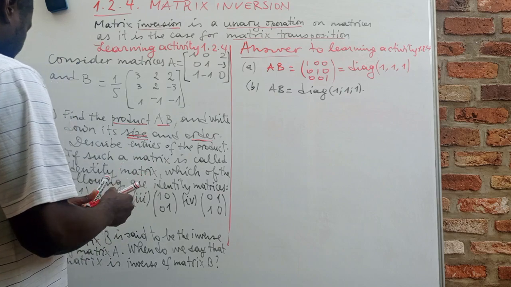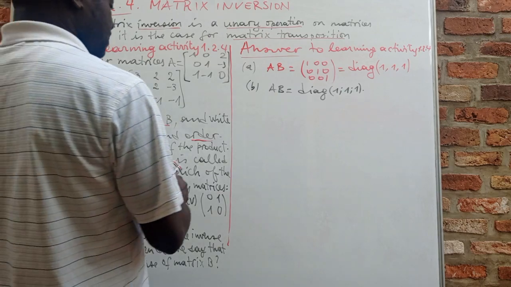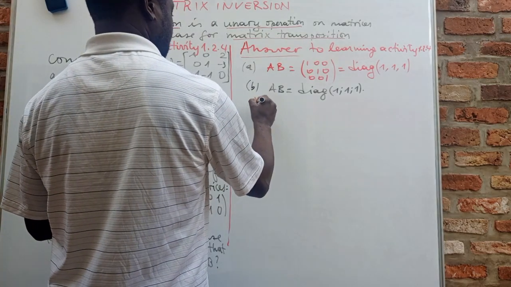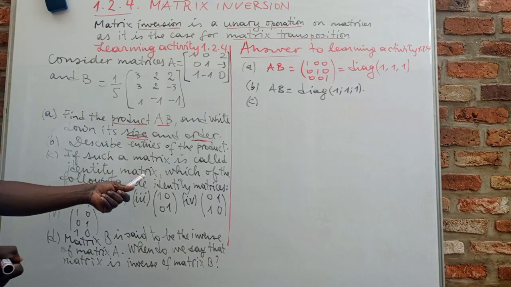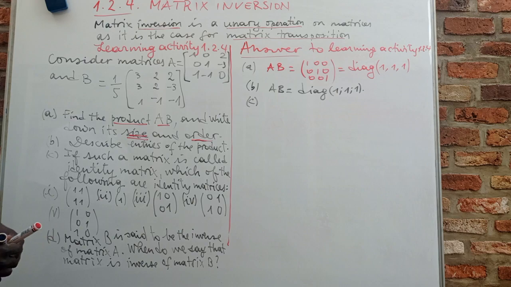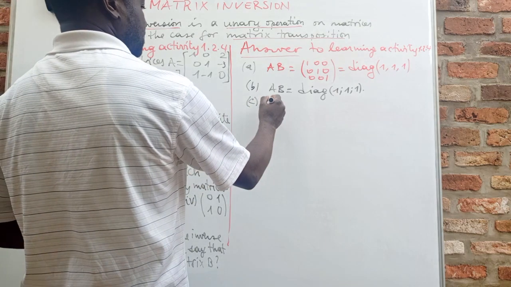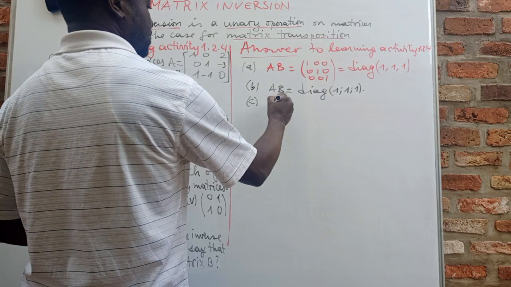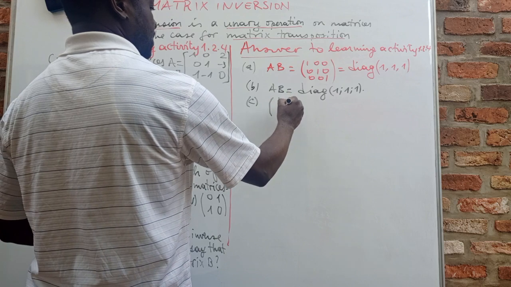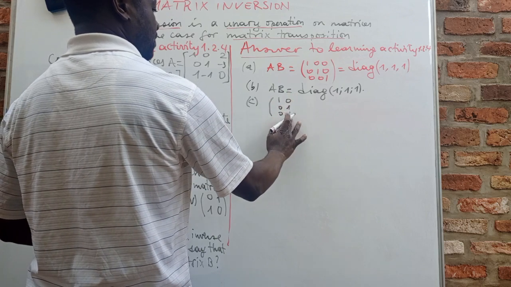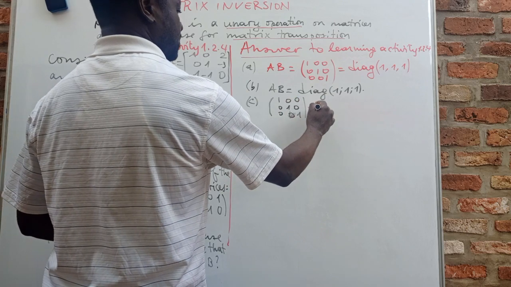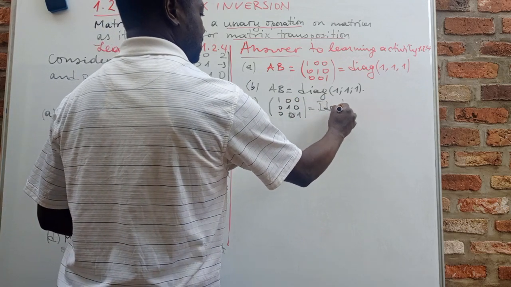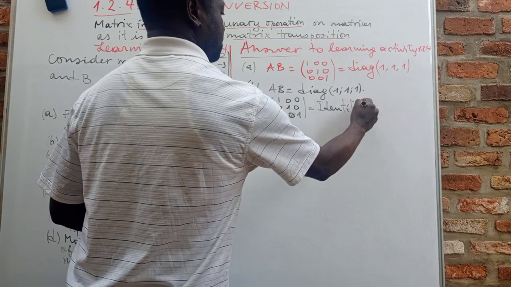So question C now. Such a matrix is an identity matrix. When all diagonal elements are just 1, this is called an identity matrix.